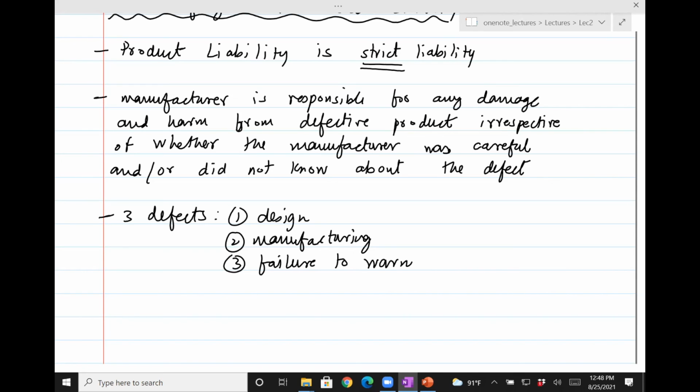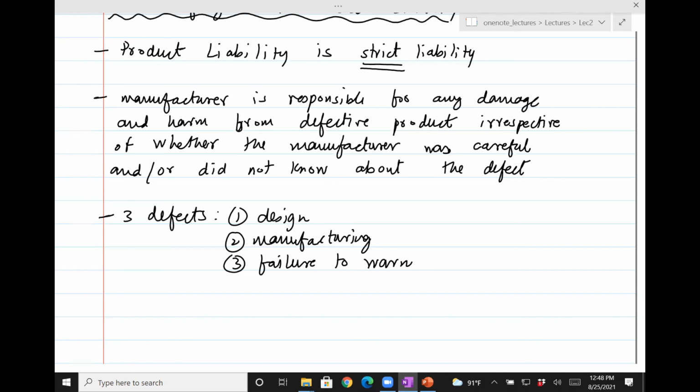So if the manufacturer of the helmet said exclusively that this helmet is to be used for riding bikes, then using that on a skateboard cannot be used as a case for suing the company, because it exclusively said that this helmet has to be used on a bike and not on a skateboard.